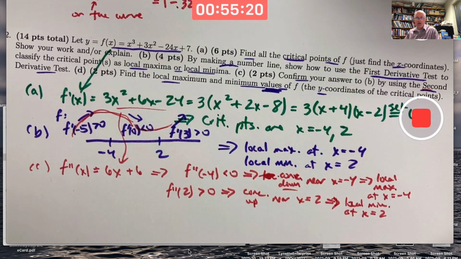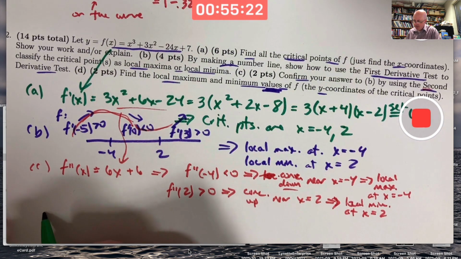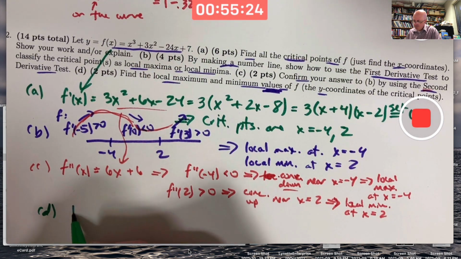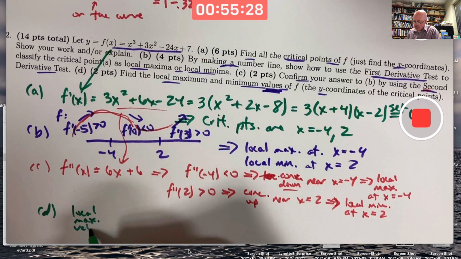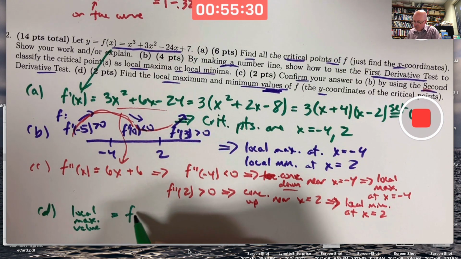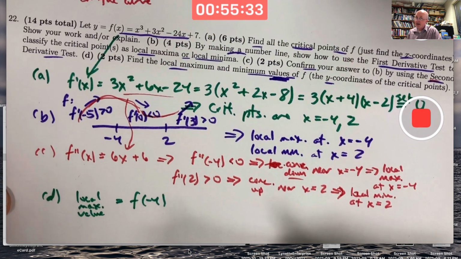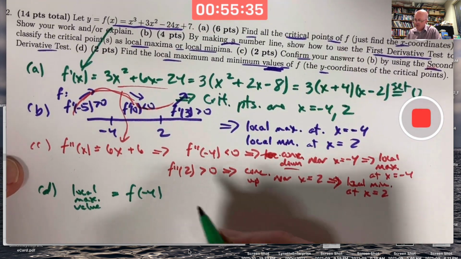Part D is to find the local max and min values. Local max value is f of -4, not f prime of -4, f of -4.